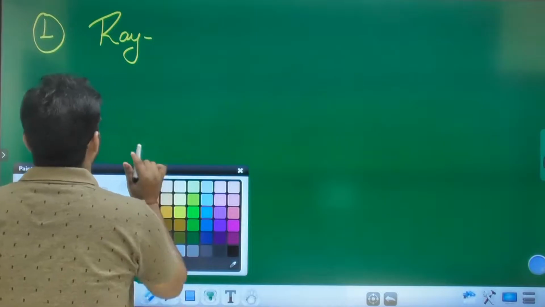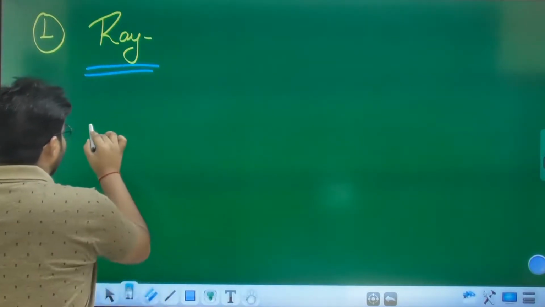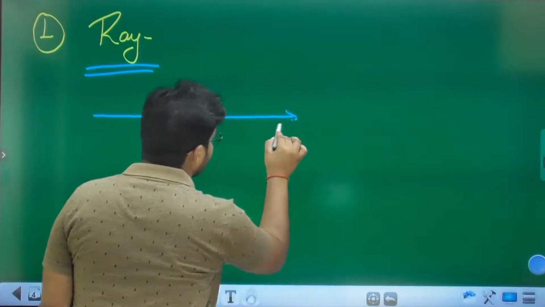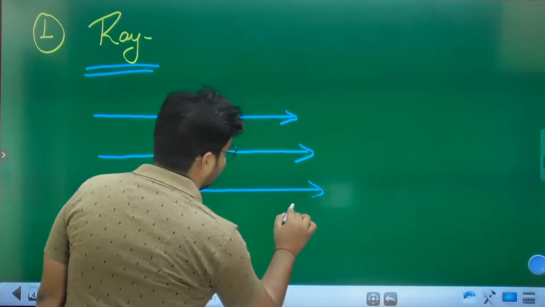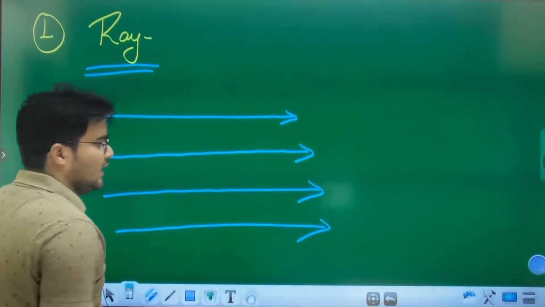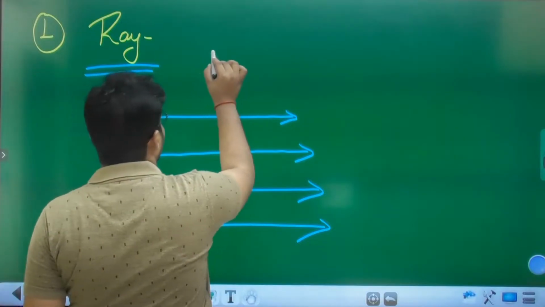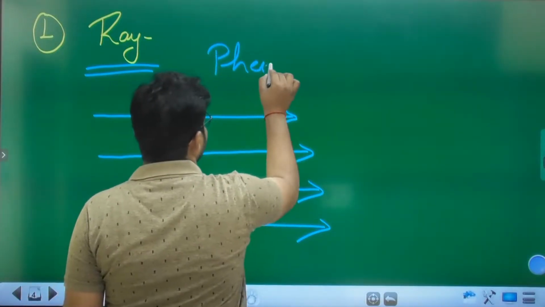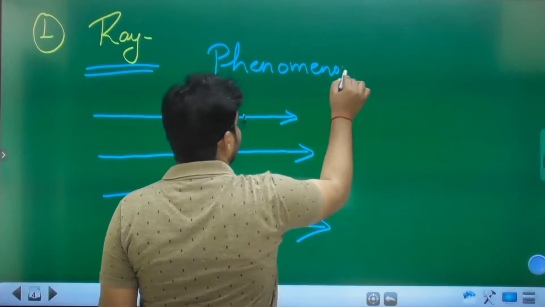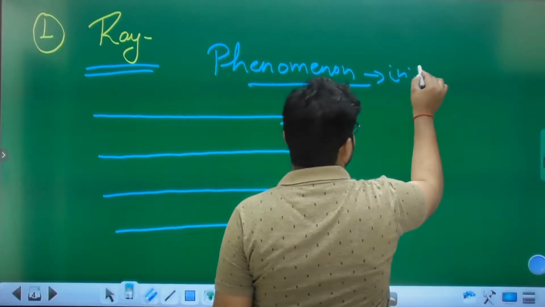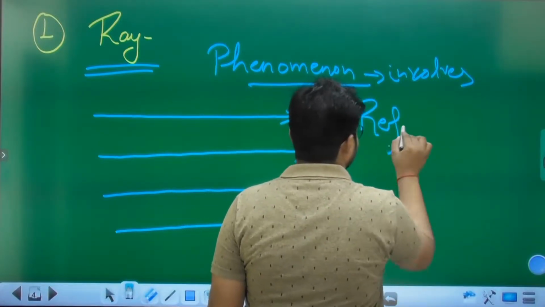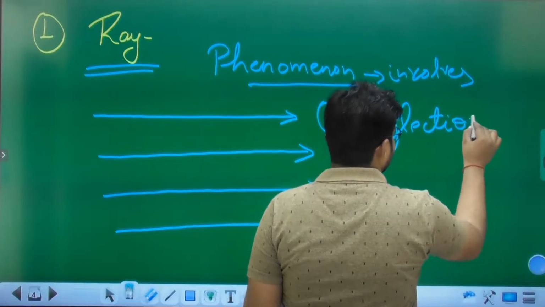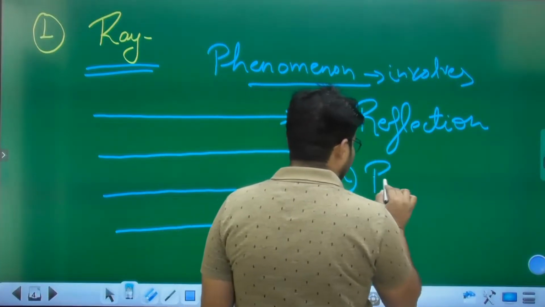First one is ray type. When the light travels in this manner, in simple ray form, the phenomena involved in this are, first, reflection, and second, refraction.